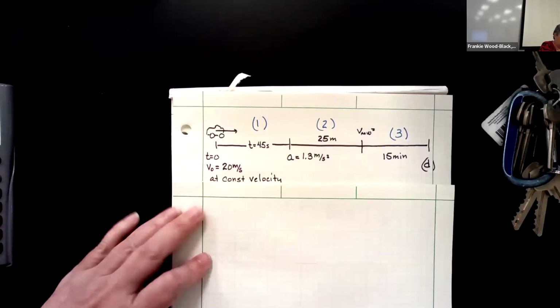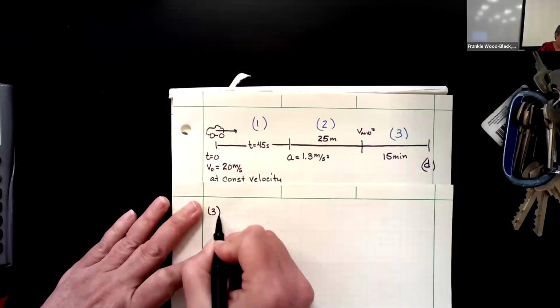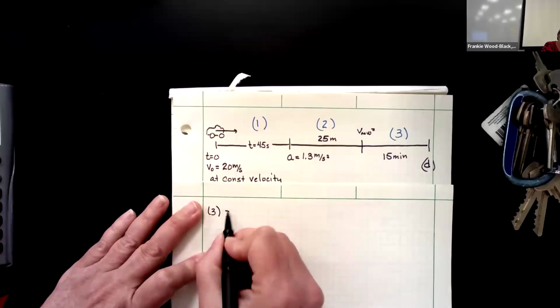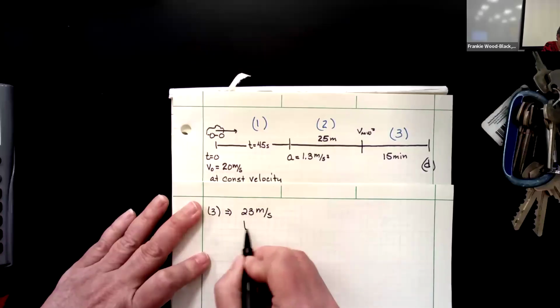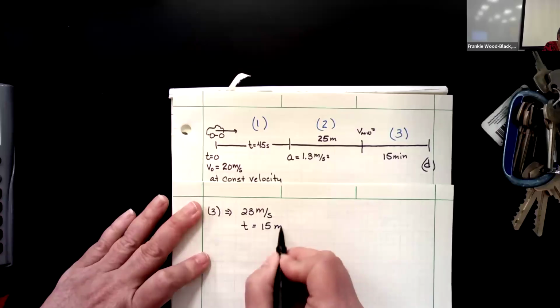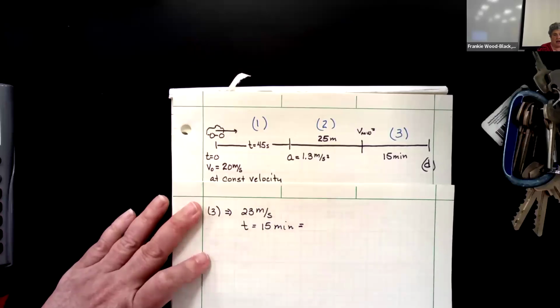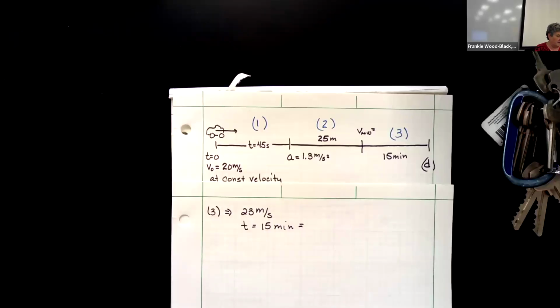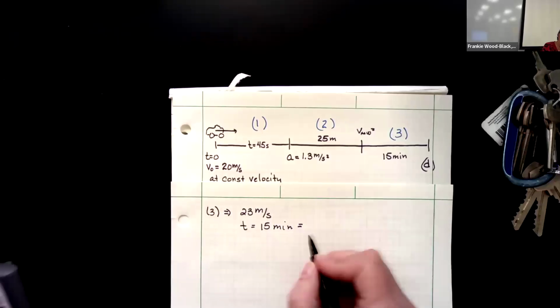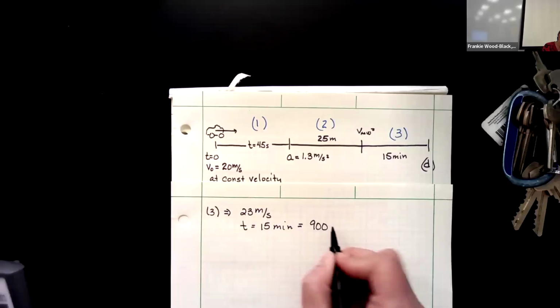So my new velocity for part 3 was 23 meters per second. The time is equal to 15 minutes, but I need that in seconds, so I'm going to have to convert. So this is actually 900 seconds.